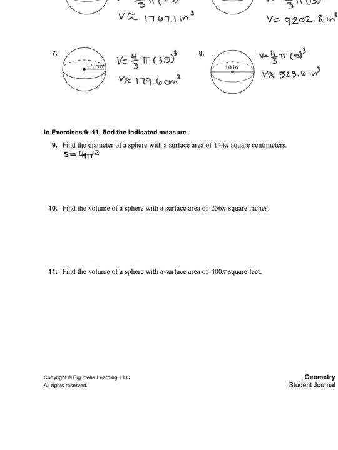Okay, so I'm given everything that I need to know. The surface area is 144 pi, and that equals 4 pi r squared. I'm trying to find the diameter, but before I can find the diameter, I need to figure out what the radius is. So I'm going to use some basic algebra.